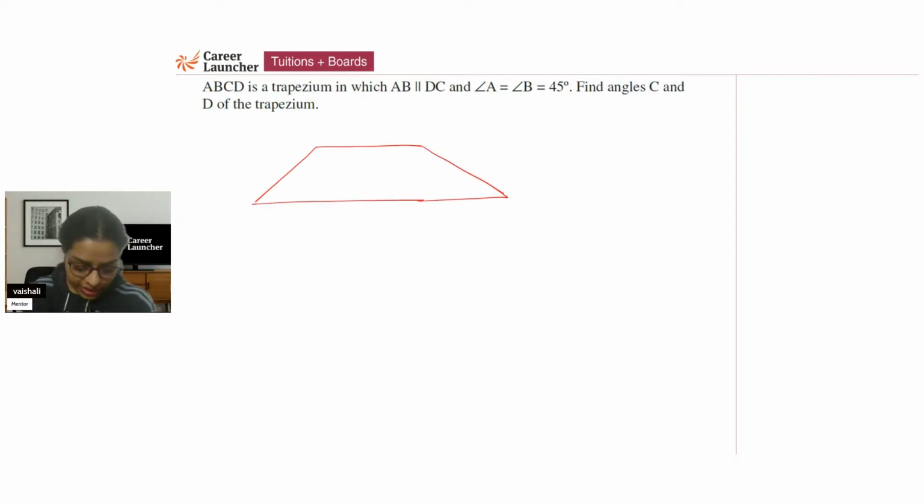So in this case, you are having ABCD as the trapezium, something like this, in which angle A is equal to 45 and angle B is also 45. Ensuring the fact that AB is parallel to CD or DC, what will be the angles C and D?